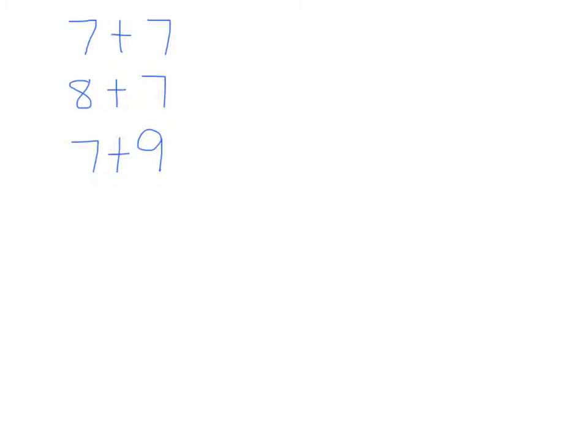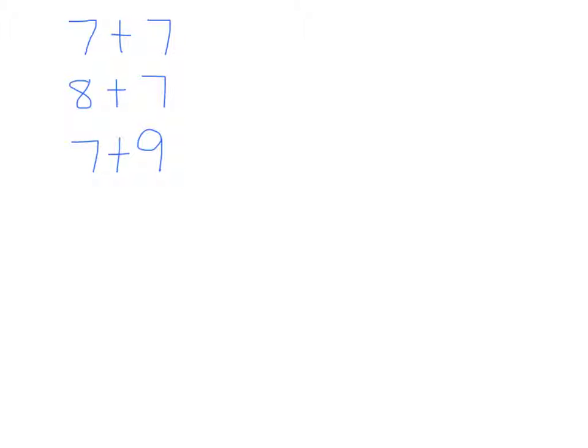The intention is that if you first put up 7 plus 7, students will naturally know the double or will already have the double known from memory from work in previous quarters. Then you put up 8 plus 7 and they will recognize that that is just one more. Then next would be 7 plus 9 and they would recognize that that is simply 2 more than 7 plus 7.